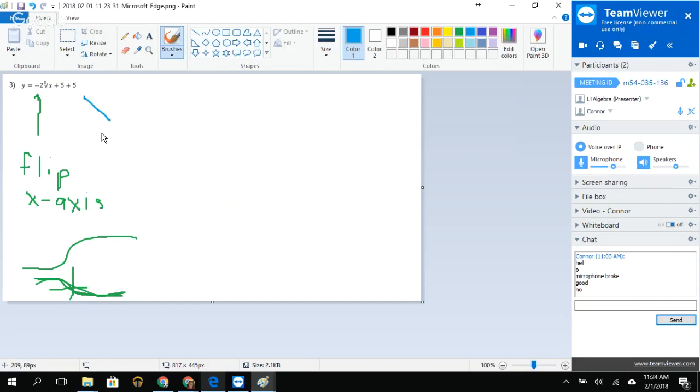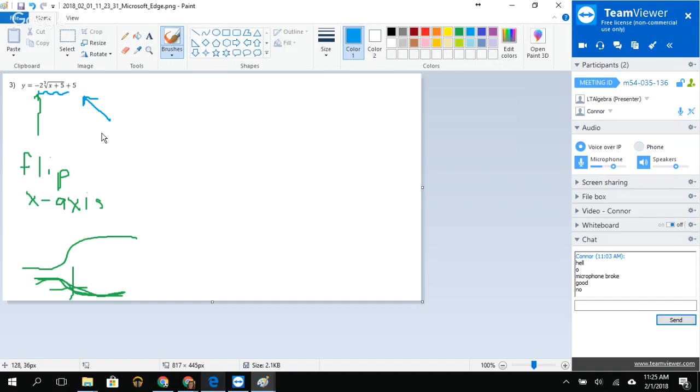Out here, we'll deal with the inside last. Out here, I have a +5. So the +5 is happening outside of my function. My x is all in here. The +5 is kind of at the end, right? So what does that do to my graph? Does that shift my graph on the x or the y-axis?